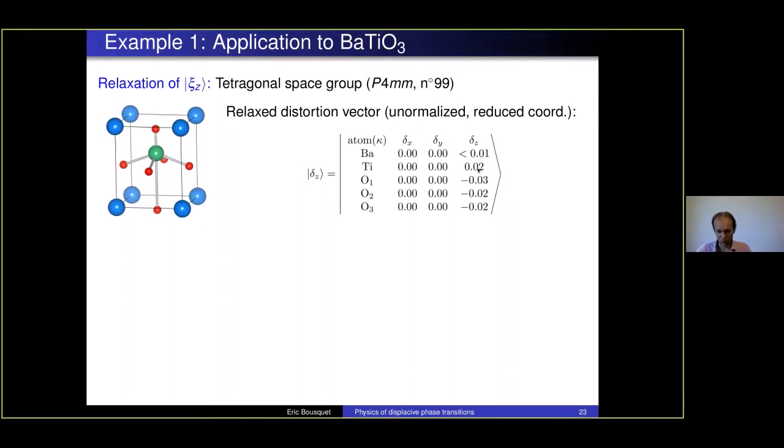The titanium is moving up, and the oxygens are moving down like that. This is in reduced coordinates, scaled with respect to the cell parameter of the system. You can see that the displacements are really small, but they are the ones giving rise to this large polarization at the end. So you clearly see that this is really a displacive transition, in the sense that we have a small distortion of the crystal with respect to the initial phase.